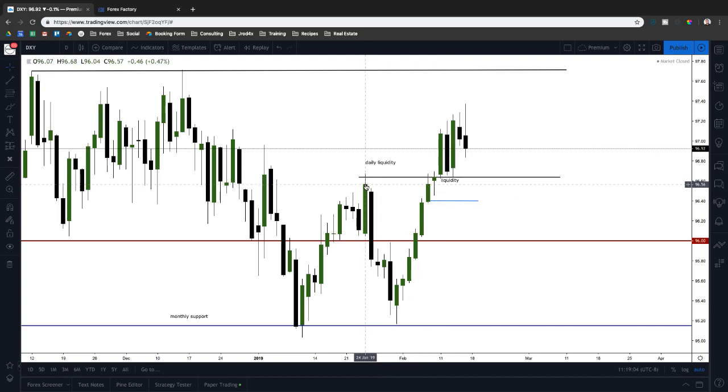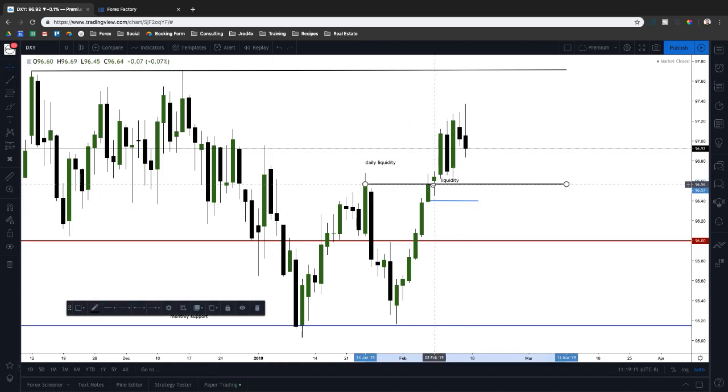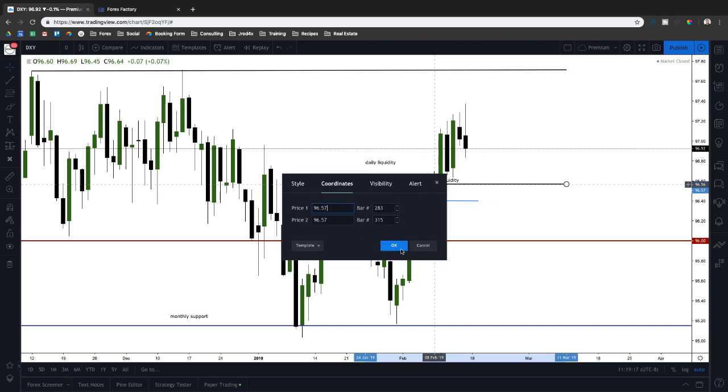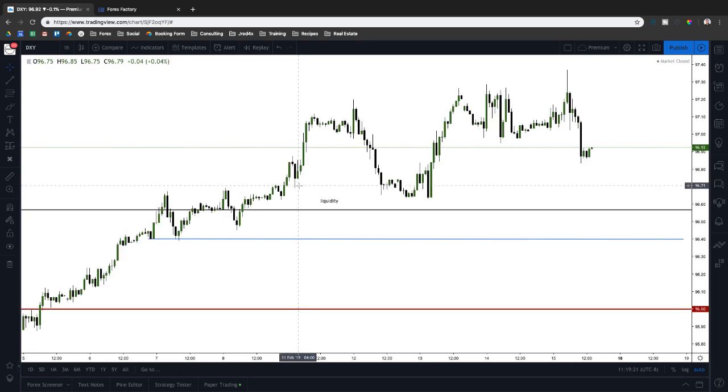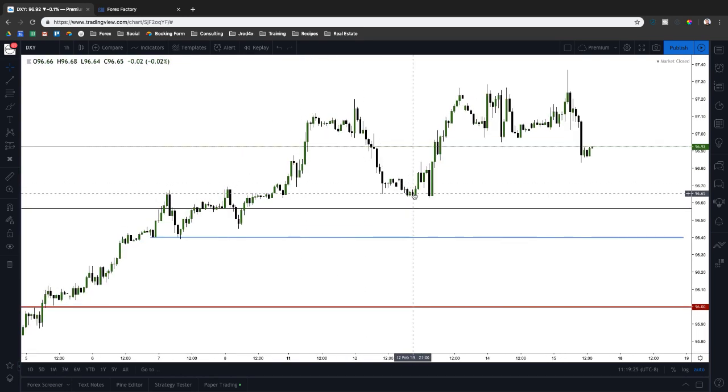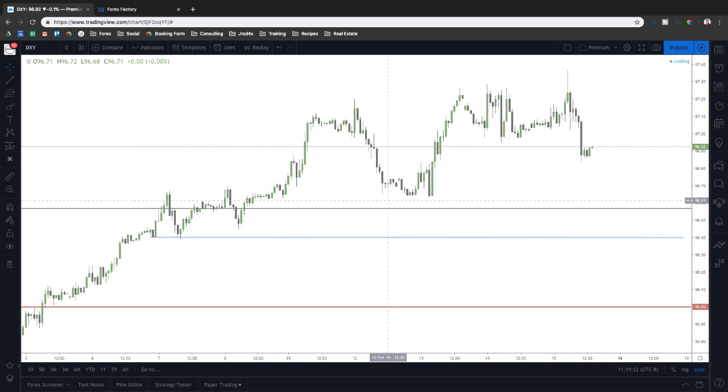So we can actually mark out the close, 96.57. I'm just going to adjust this. Alright, 96.57. Go back to an hourly. Perfect. Now I'm going to delete this. Alright, so 96.57 is the open of that candle that broke above structure, so I can go back out.